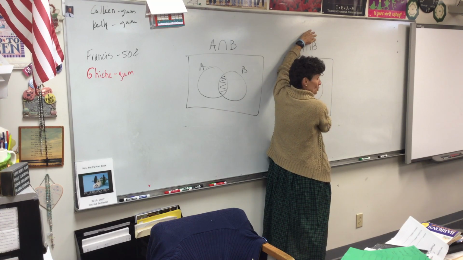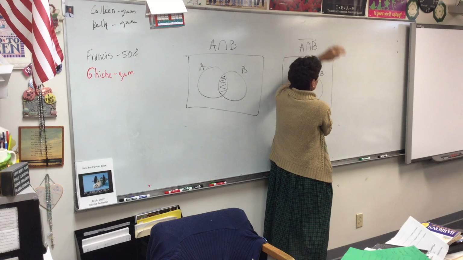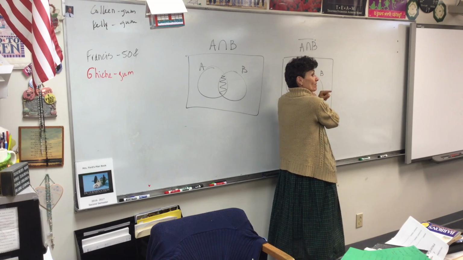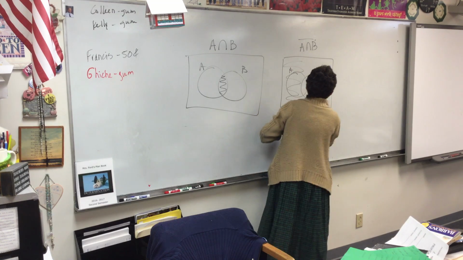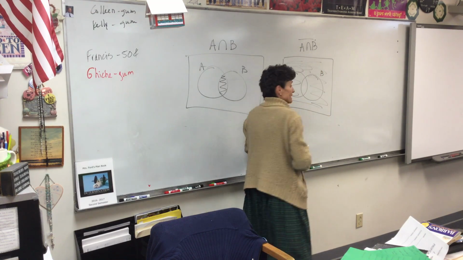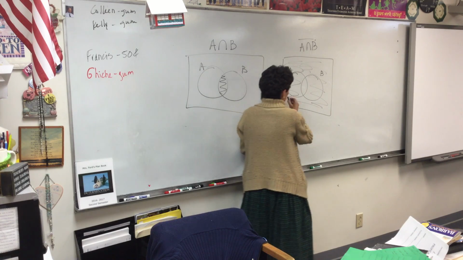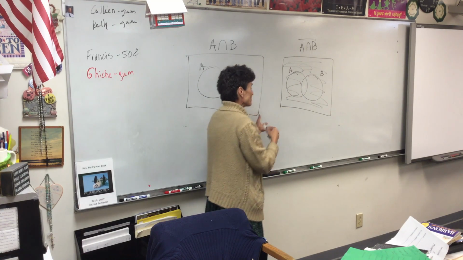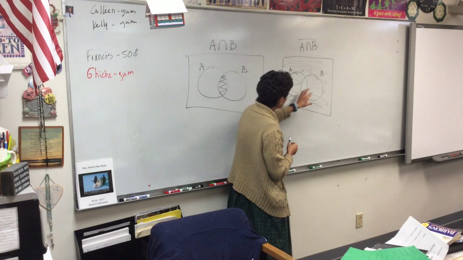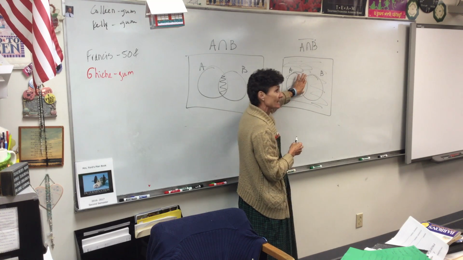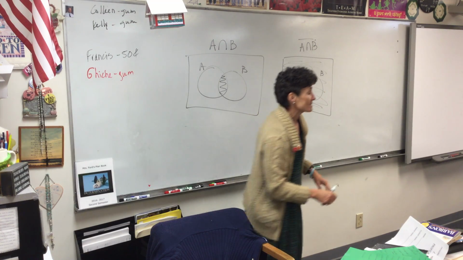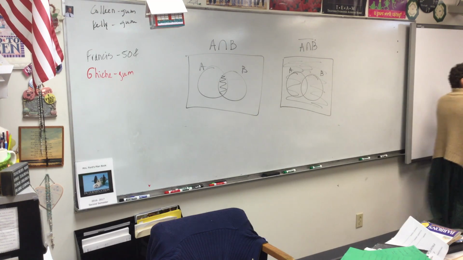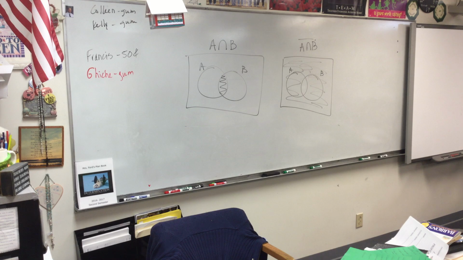That is this section right here. And then you look at the bar and it says, okay, everything except that. So what we're going to shade in is everything except what's in A and B. Now you're going to do a better job shading on your paper. It makes my boards too dirty, so I don't shade very much. But everything should be shaded except this. The bar over the top is the symbol for not. Okay, so everything not in there.